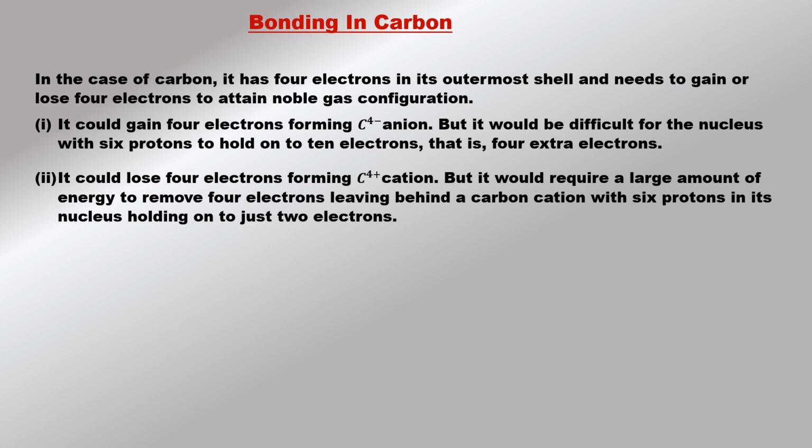It is obvious that carbon atoms have to acquire the inert gas structure of 8 electrons in their outermost shell by the sharing of electrons. Since carbon atoms can achieve the inert gas electron arrangement only by the sharing of electrons, therefore, carbon always forms covalent bonds.